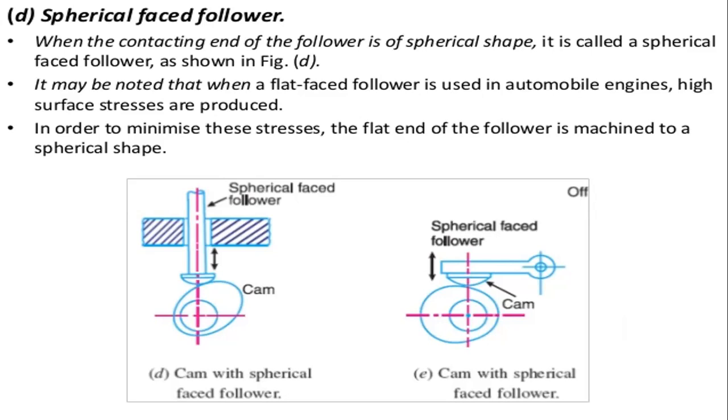In order to minimize these stresses, the flat end of the follower is machined to a spherical shape. The high surface stresses are reduced when it is machined into a spherical shape.